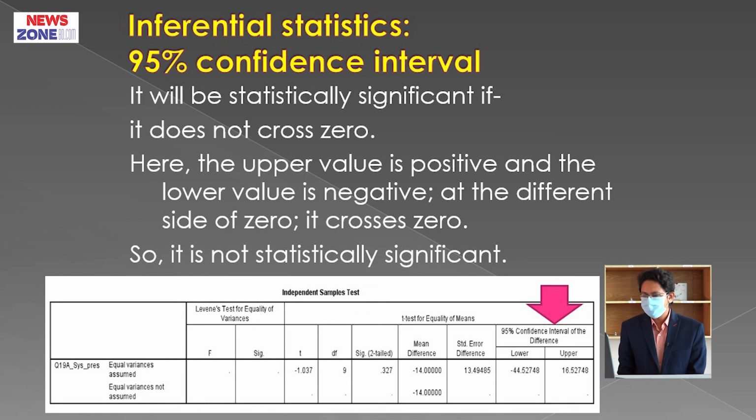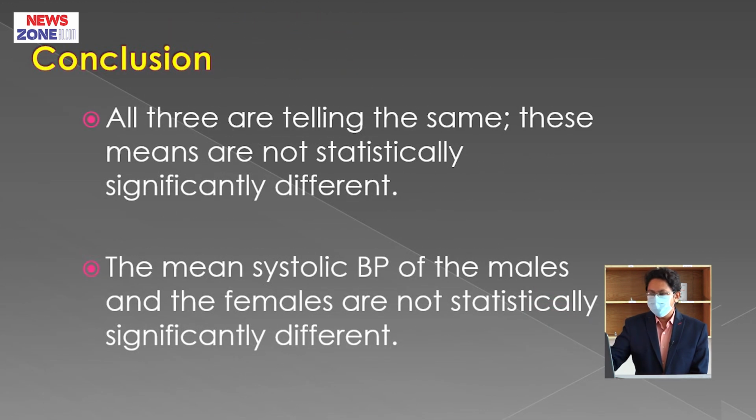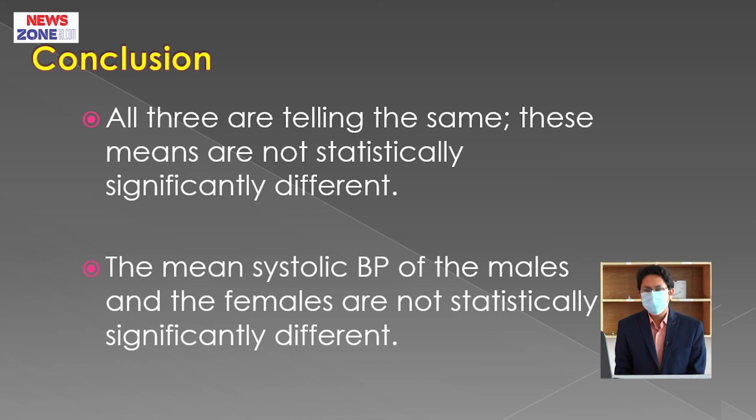So, it is not statistically significantly different. So, we can conclude, as all three are telling the same, these means are not statistically significantly different. That is, the mean systolic blood pressure of the males and the females are not statistically significantly different, and this is our interpretation.